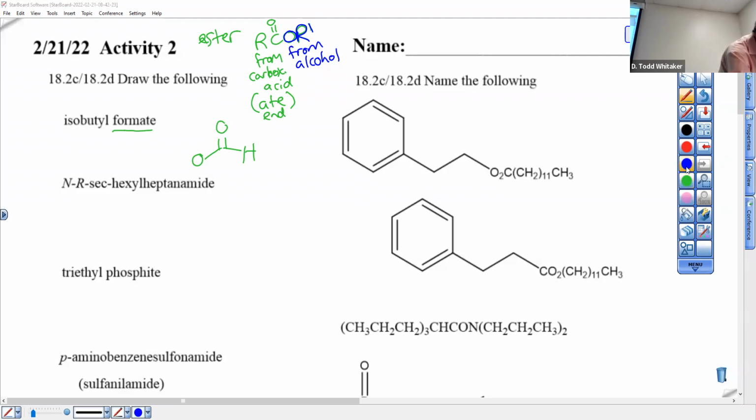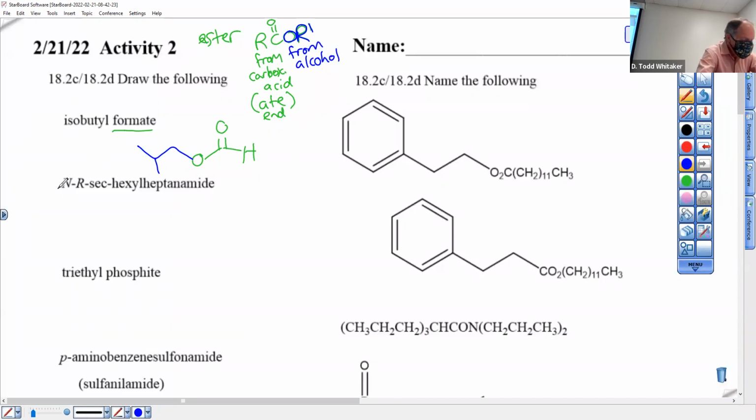So esters are named as if they're ionic compounds, and we name the anion second. That's the formate ion, which would be an O- ion, and we know it's not an ion, that's a covalent bond here. It's far from ionic, but it's named like it's ionic. So the anion is the formate, the cation is the isobutyl group. And that's easy, huh?